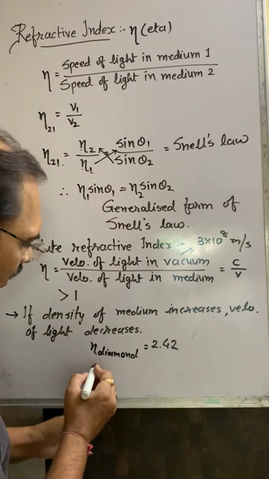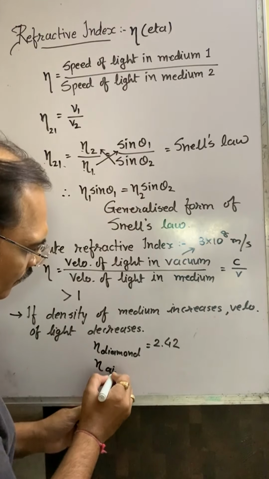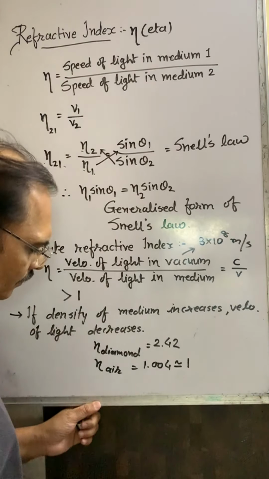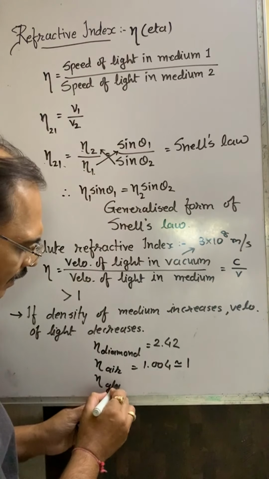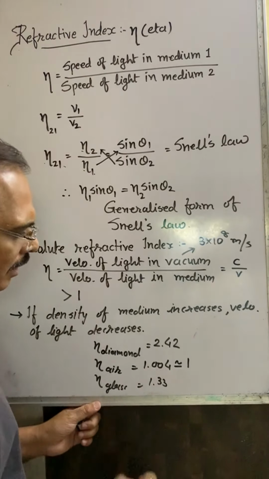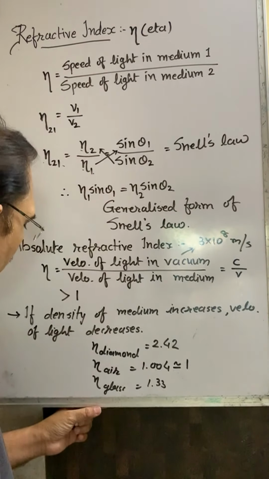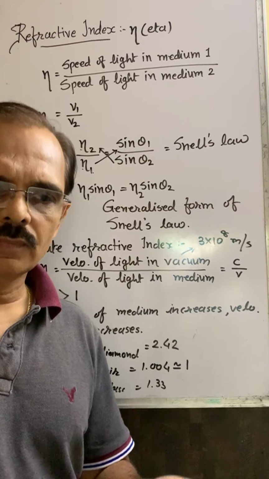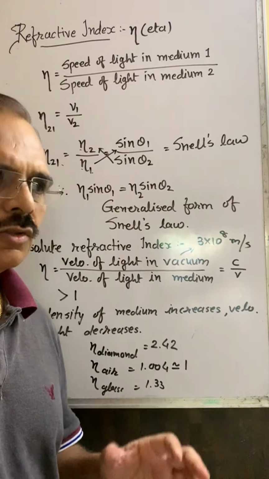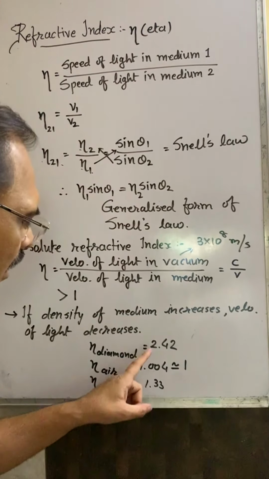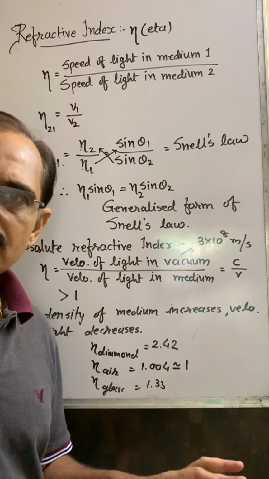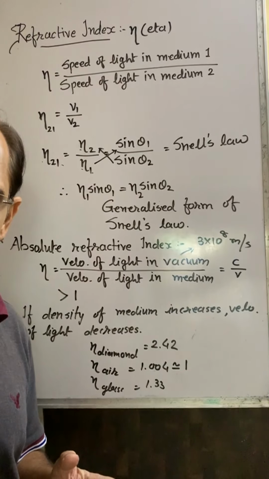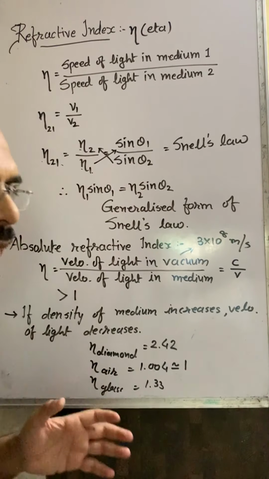Similarly, the refractive index of air is 1.004, approximately 1. The refractive index of glass is 1.33. You have to remember only these 3. In your textbook the whole table is given, but you do not have to learn it. Diamond's refractive index is the highest and air's refractive index is the least, in terms of medium.